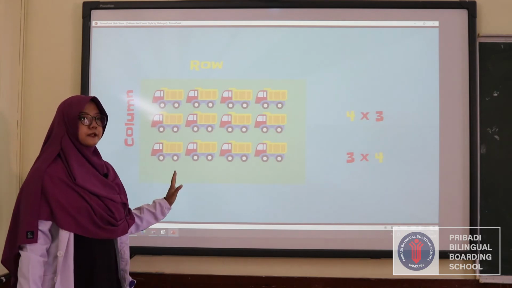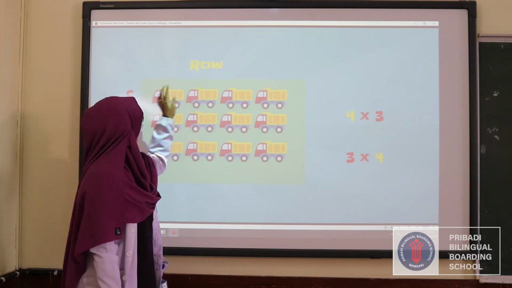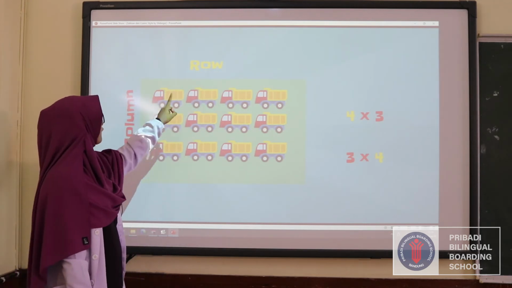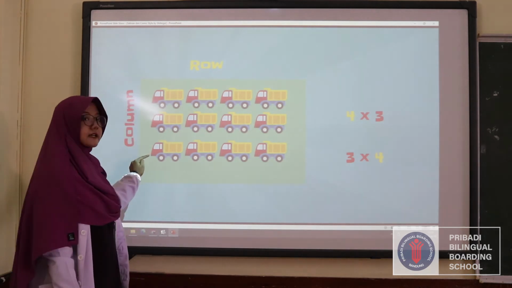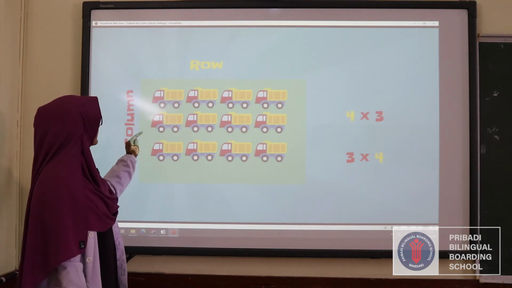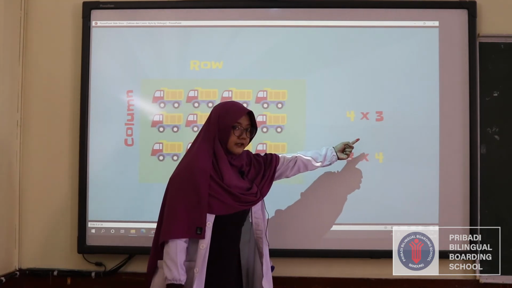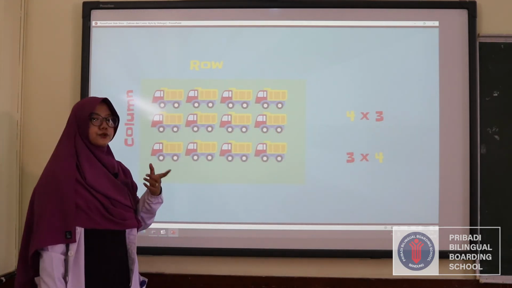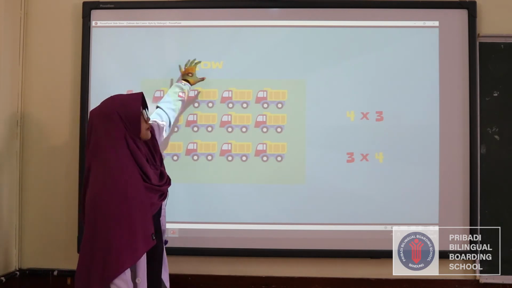You will calculate it based on multiplication. As you know, we have rows and columns here. We have 4 trucks in the row and we have 3 trucks in the column. It means that you will do like this, for example, 4 multiplied by 3. Or maybe you can also do it like this, based on the column and then multiply by the row.